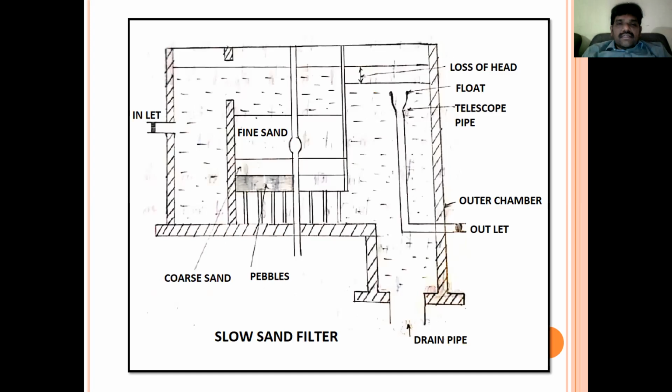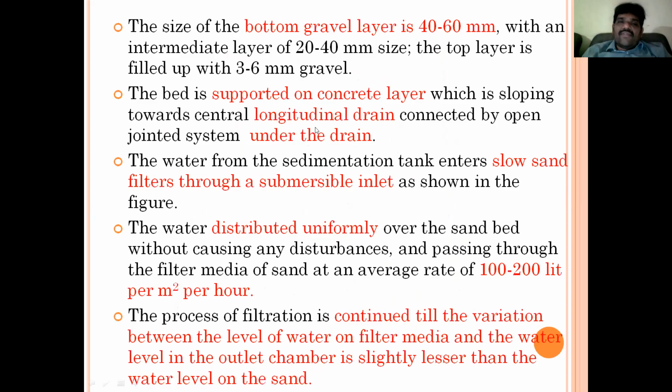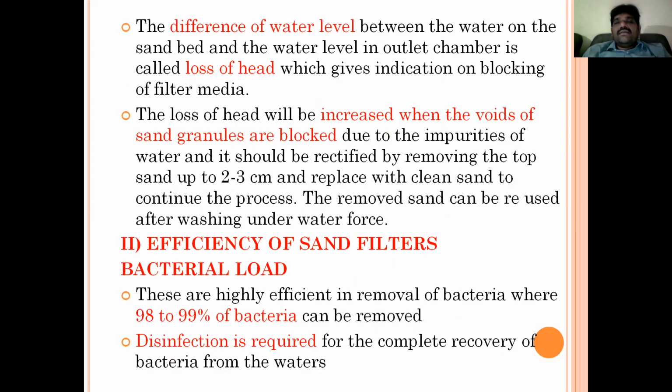The top 2 to 3 centimeters of sand in the filter media has to be removed by scrapers and washed out, then replaced with washed sand on top of the filter media.